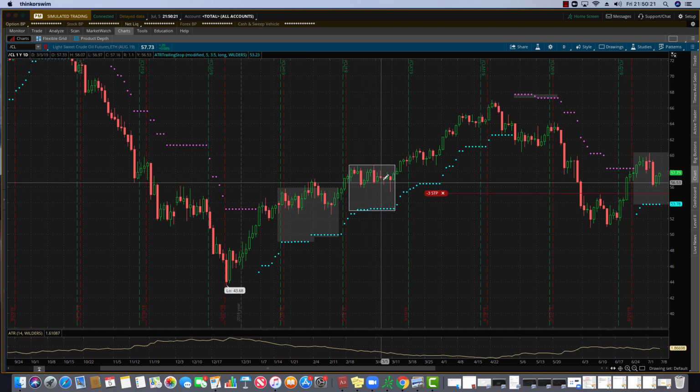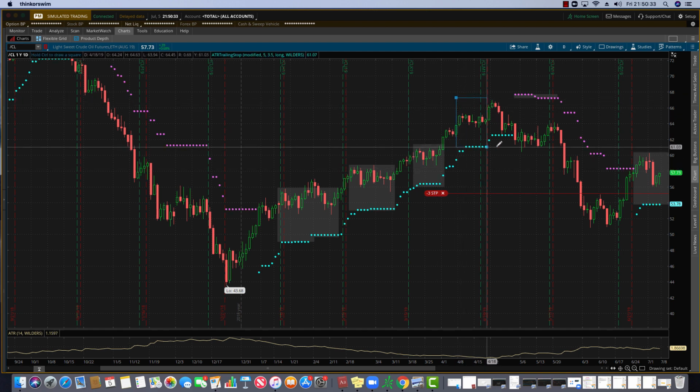Stayed in that range for a long time, and then went into a new range from here to here. Bounced around in there for a few days, and then it went into a new range until that range was failed.